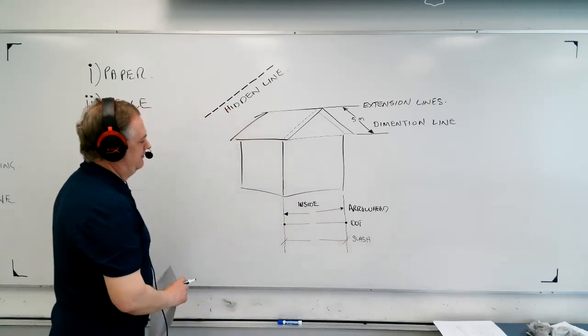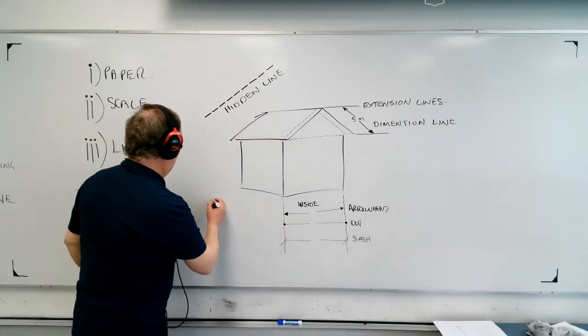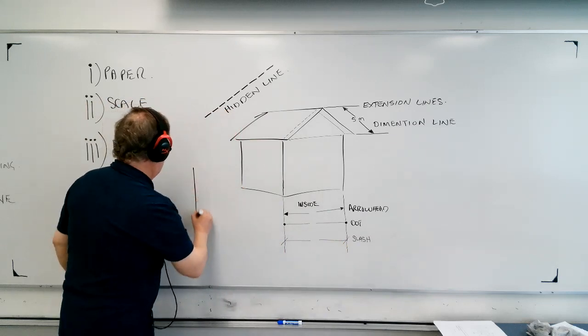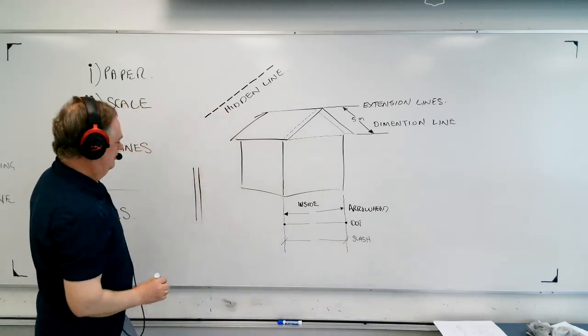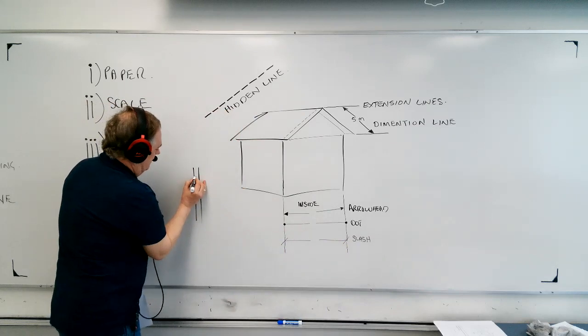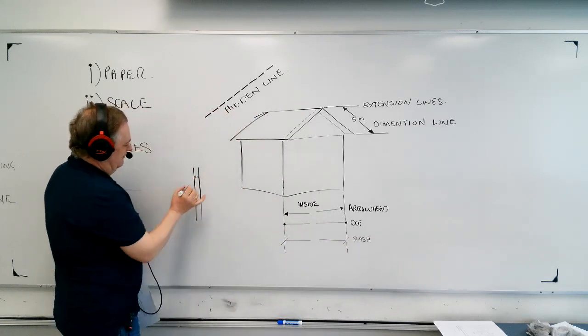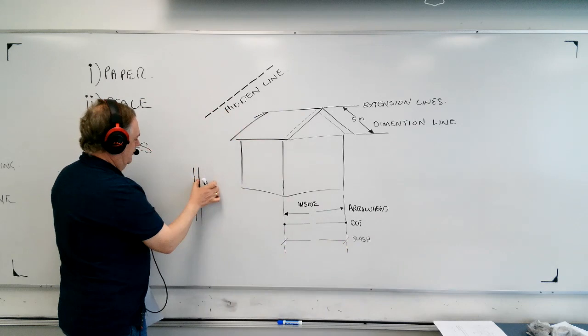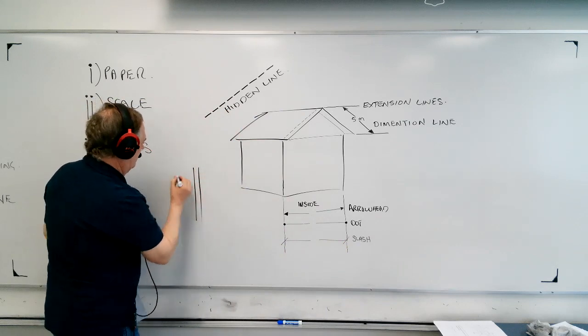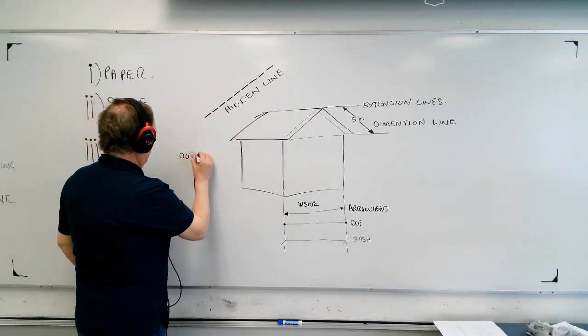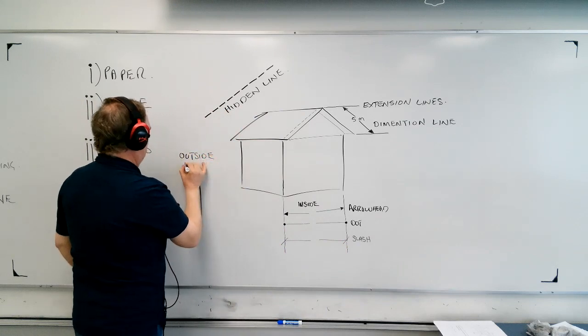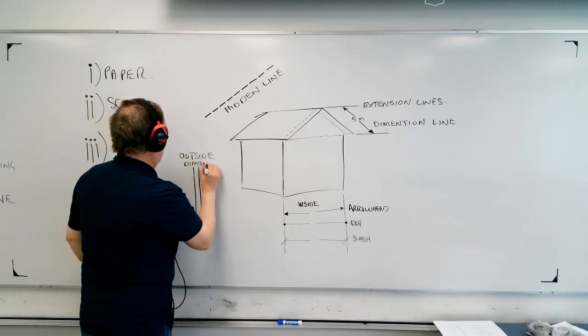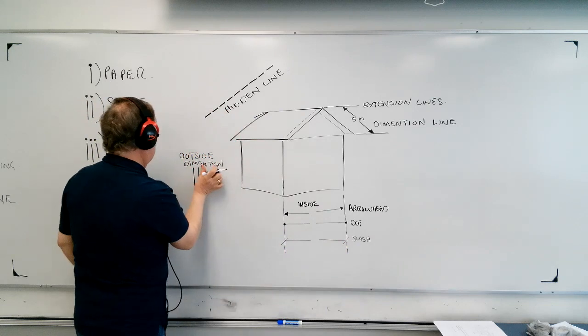Okay, so that's that. Now, what about if I have something like this and the space is too narrow to put my dimension lines inside and write anything? So now we use a different one, called an outside dimension line. It looks like this.